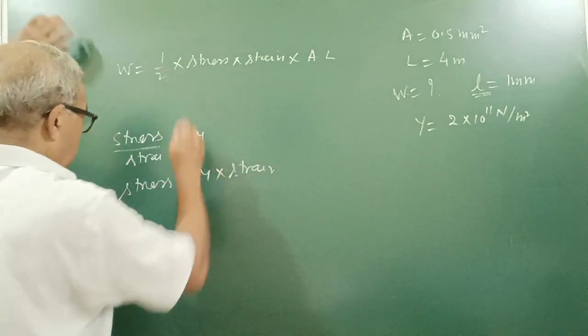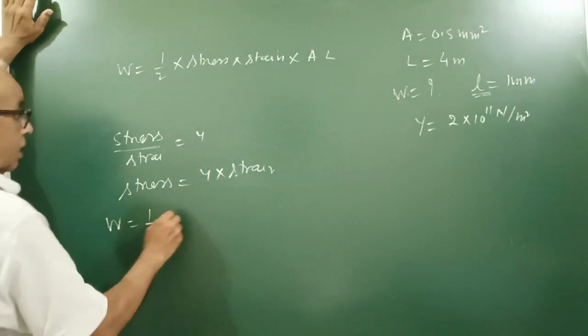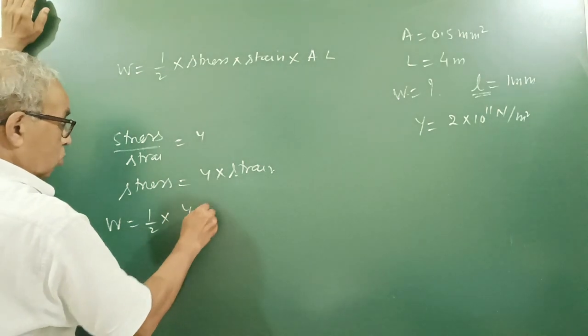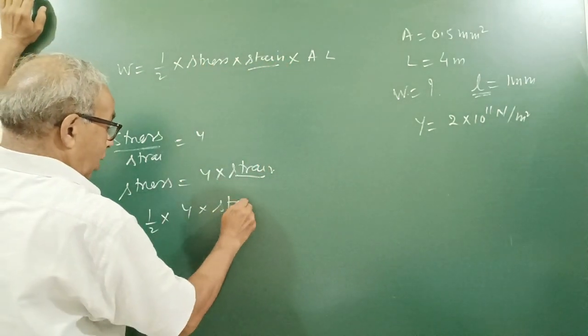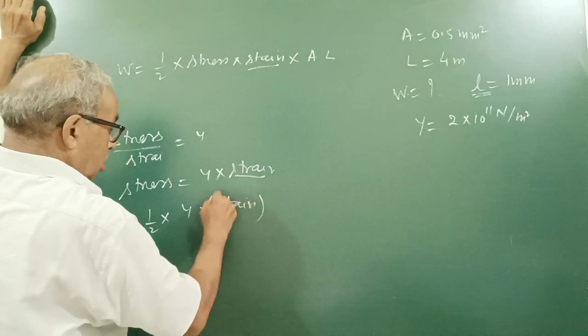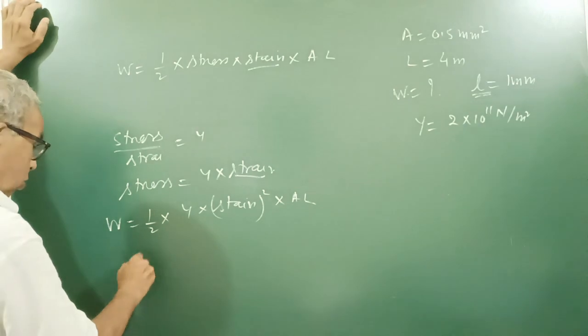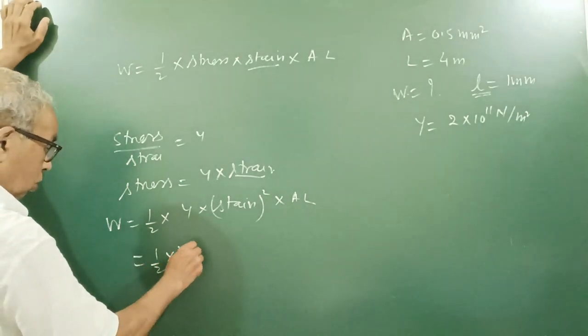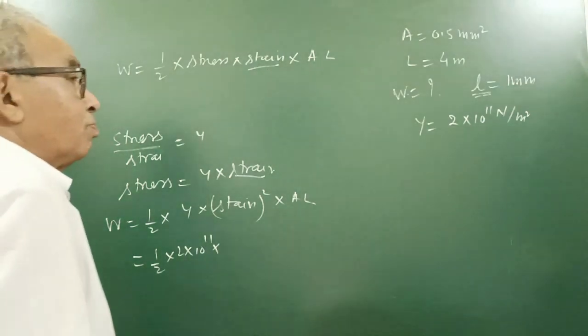Put this value here: W is equal to half Y into strain square into A into L. Put the values: 1 by 2 into 2 into 10 to the power 11 into strain square.